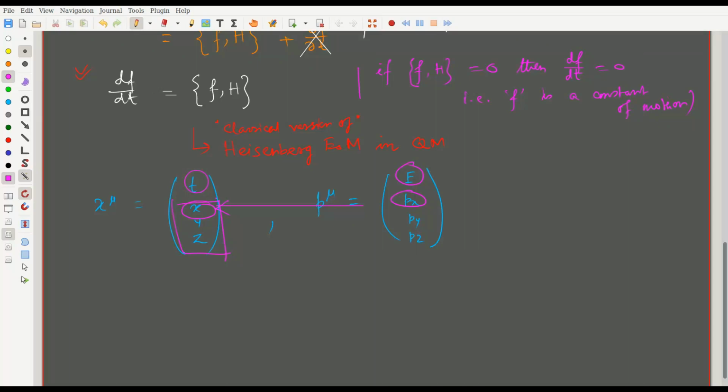I'm not sure what is meant by that, because there is no operator equivalent to time in non-relativistic quantum mechanics. In non-relativistic quantum mechanics, x is an operator. You can talk about the expectation value of x. There is no operator corresponding to time. You do not talk about the expectation value of time. You assume that you measure time with definite precision.